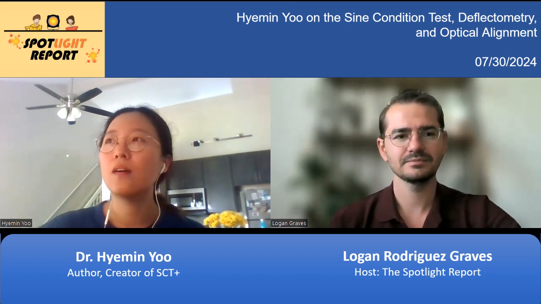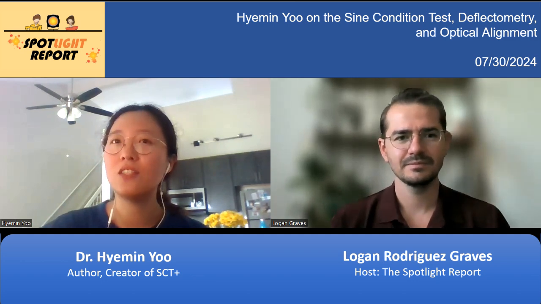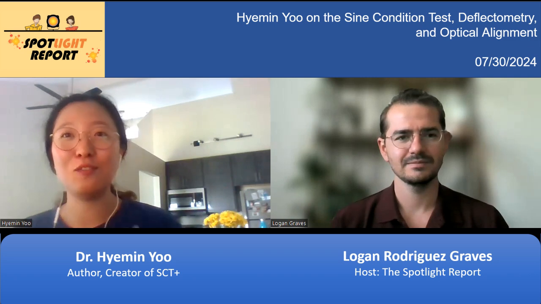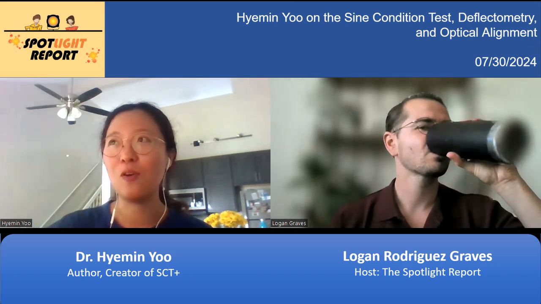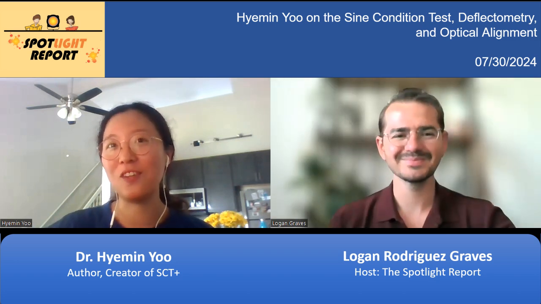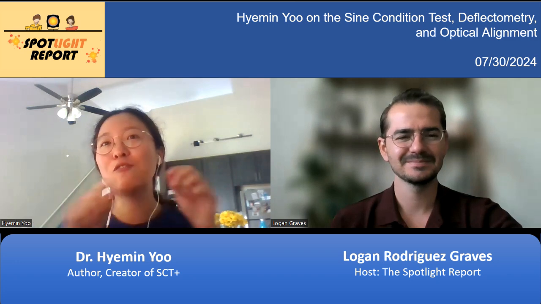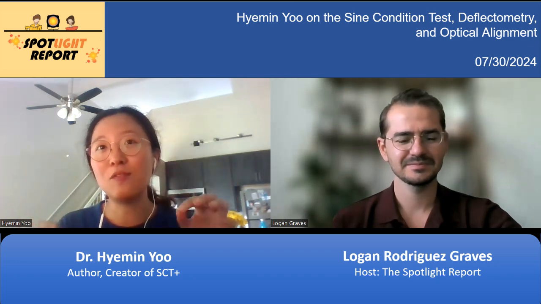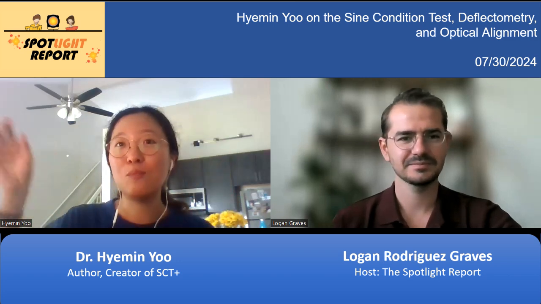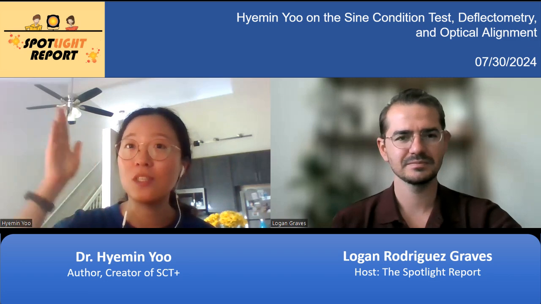Okay. So the Sine condition was a revolutionary method to design a lens without sidal coma. A long time ago, when we had no modern computers, lens designers had to do hand drawing to do all the ray tracing for different field points to make sure your rays end up being a point source on your image plane.